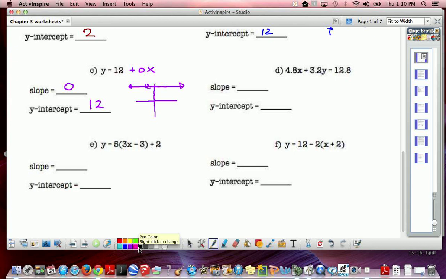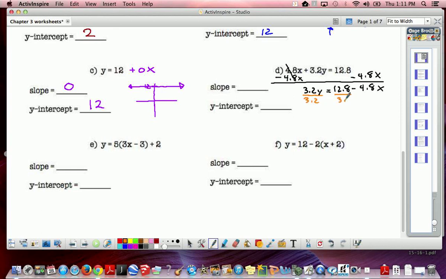On this one here, we actually have a couple steps to do. We're going to, just like we did in the one up top, subtract the 4.8x from both sides. So they cross out, so I have 3.2y equals 12.8 minus 4.8x. Now I need to divide both sides by 3.2.